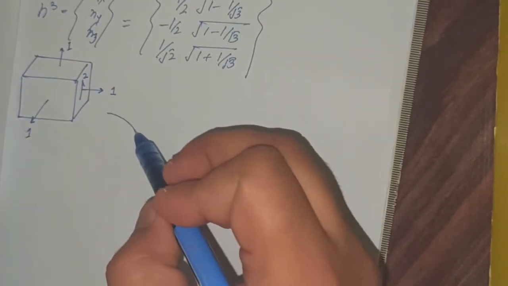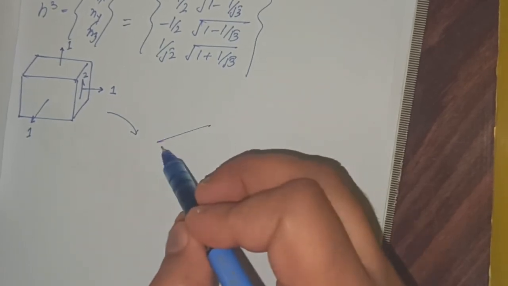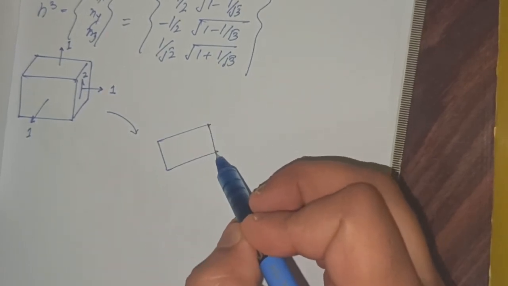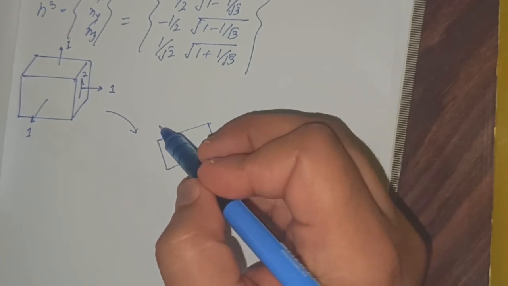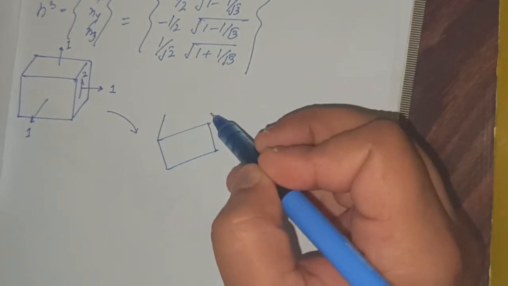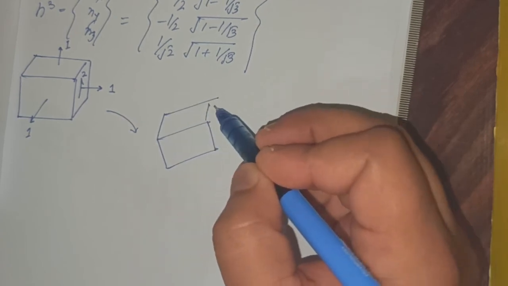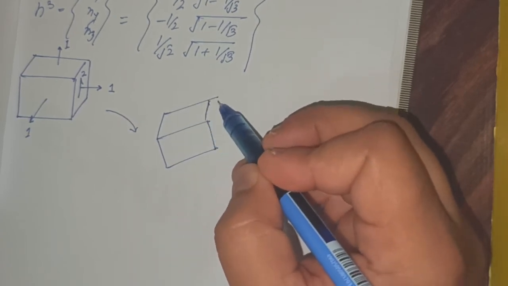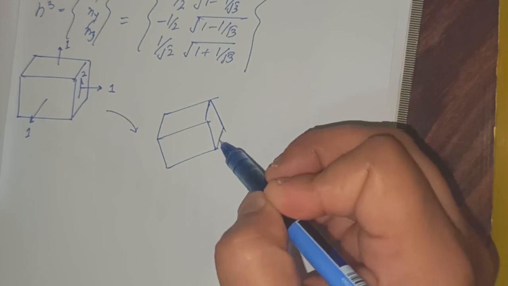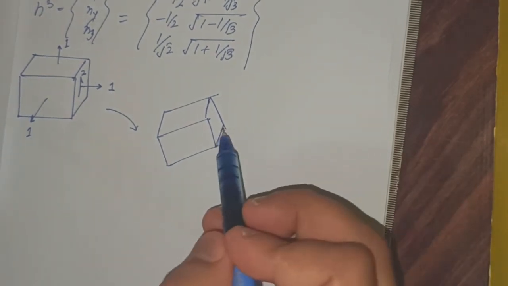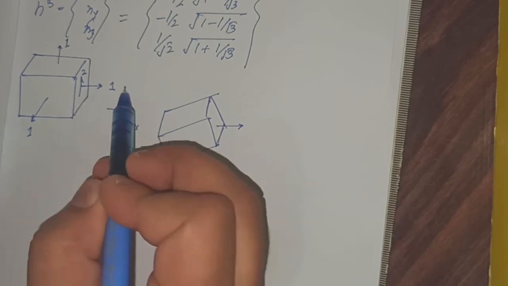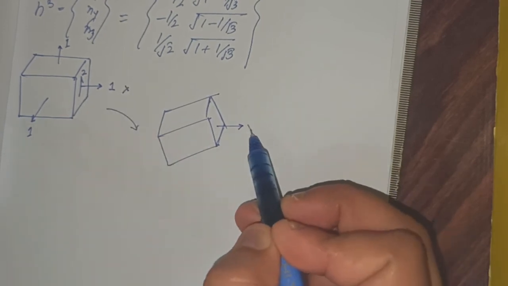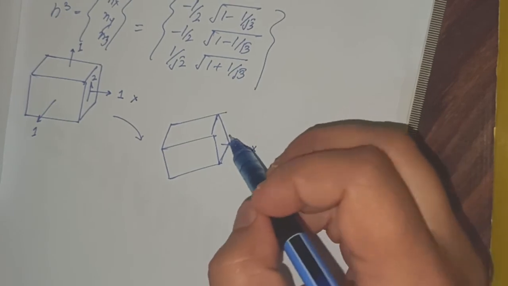So the rotation occurred somewhat like this. Let's say it rotates like this. This is the same vector 1, along x. So this is x.